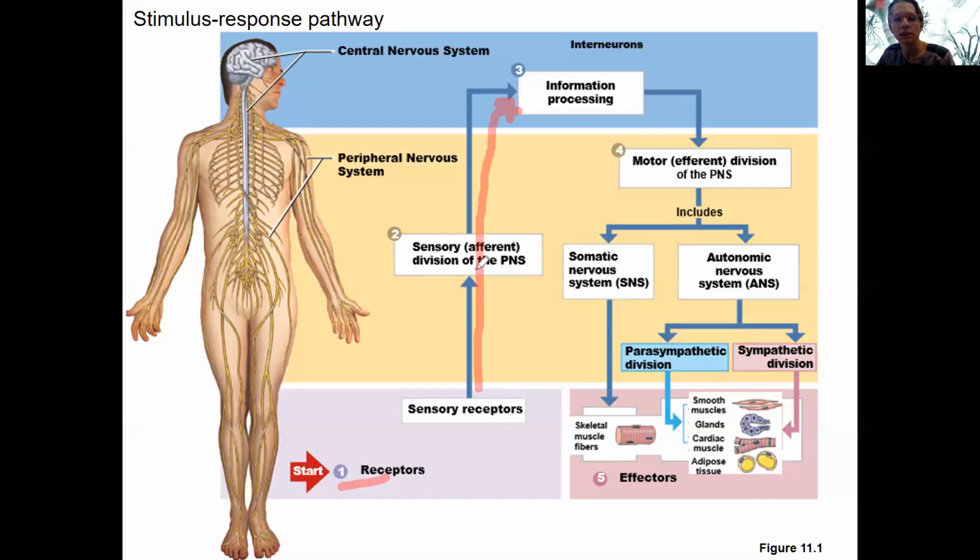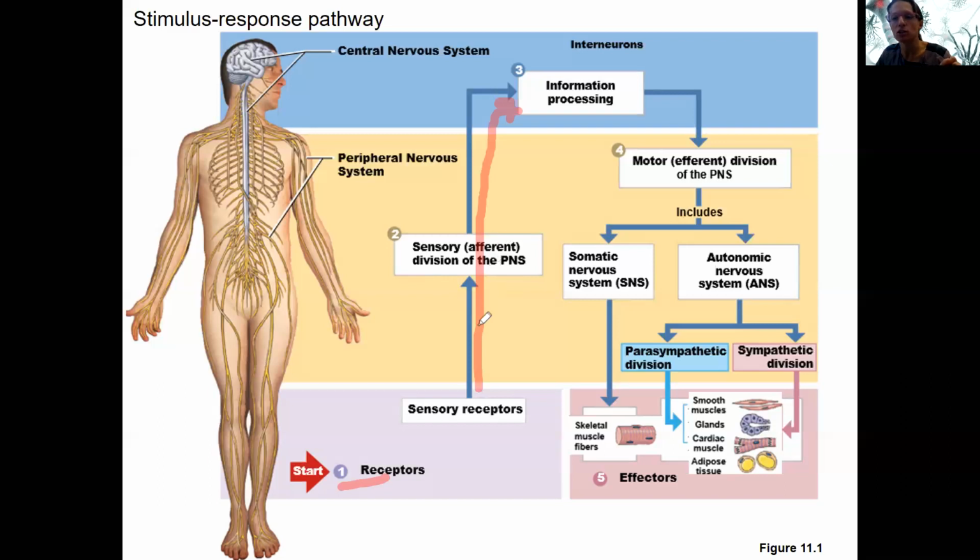This is the input signal, but what that means here is now we've got some different names for it. This is the sensory division of the peripheral nervous system. This could be either a visceral sensory, if it was something that was an autonomic response, or it could be somatic sensory, if it's something like that painful stimulus that you're touching, that would be a somatic sensory.